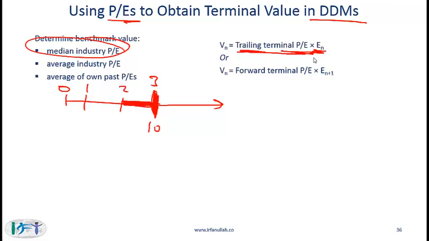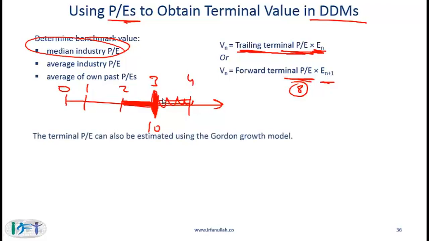Or if you want to come up with an estimate for year 4, but you are coming up with a valuation at the end of year 3, then you would take the forward PE, so an estimate of the forward PE, which might be say 8, and multiply that by earnings for year 4. The terminal PE can also be estimated using the Gordon growth model, and we've done this enough times.